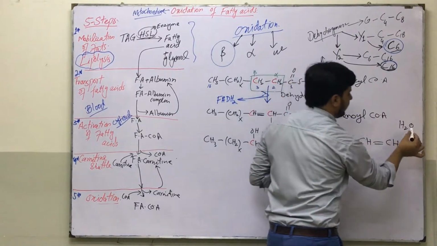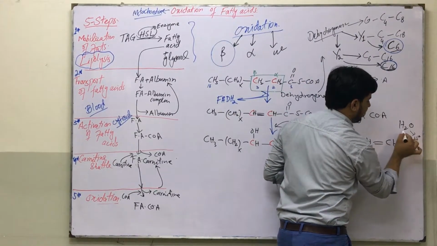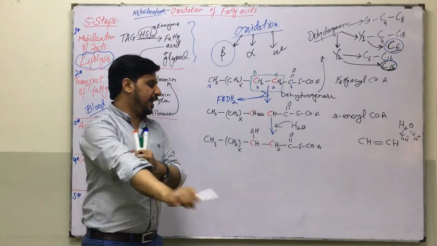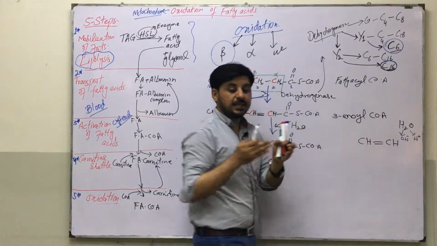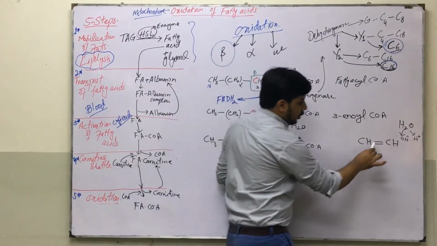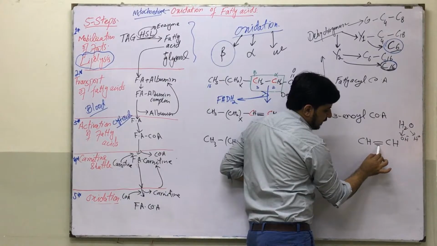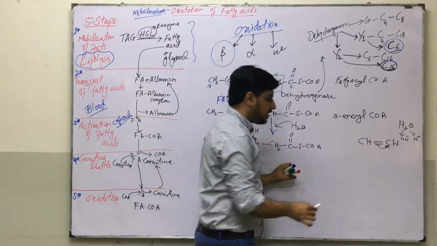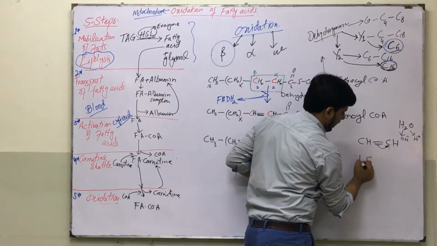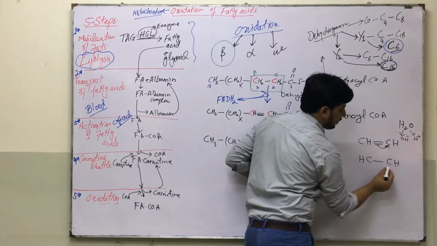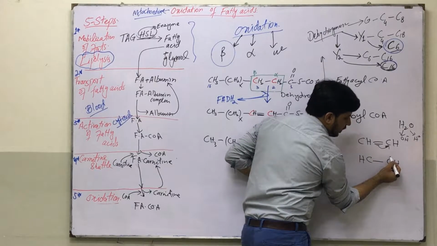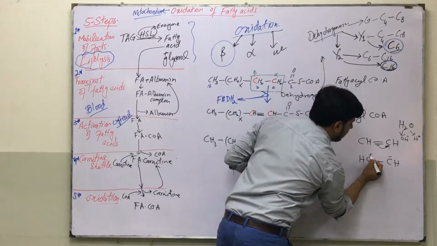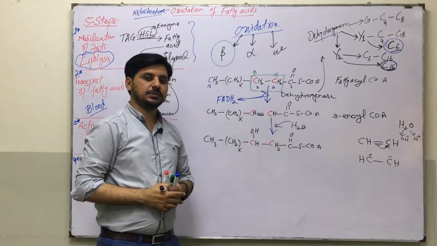We know very well that this water will be converted into H positive and OH negative. So with the help of that enzyme, the electrons will be transferred to one side of the carbon, and as a result we will have it like this. The electrons are transferred to this side, so here will be a partial negative charge, here will be a negative charge, and here will be the positive charge.